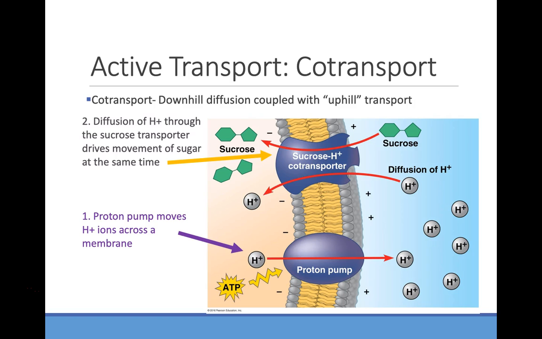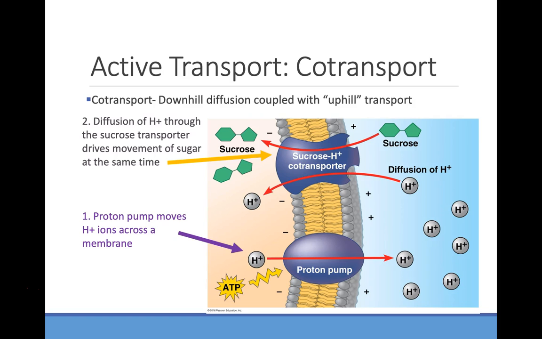Remember, this requires ATP. On the outside of the cell now, we have a higher concentration, a more positive charge, I should say, created by those hydrogen ions. And remember, when we have molecules in a concentration gradient, they're going to want to diffuse. They're going to want to move back down their concentration gradient to reach equilibrium. So the cell can use this idea in the concept of cotransport.